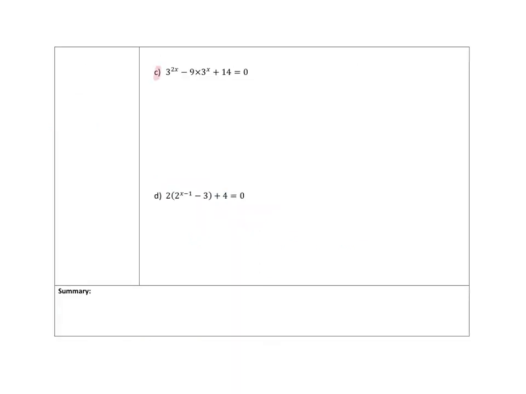Looking at problems such as part C here, this is the part in the learning intention which we reference quadratics. You may remember from 1-2 methods that these types of indicial equations look like trinomials, and so making a simple substitution, we can create a quadratic trinomial. The first thing we might recognise is that this middle term here is 3 to the power of x. So let's let a equal 3 to the x.